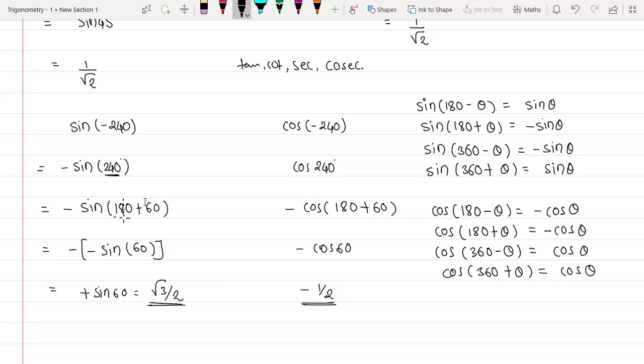Okay, is this okay? So these are the formulas you can consider while solving the questions.